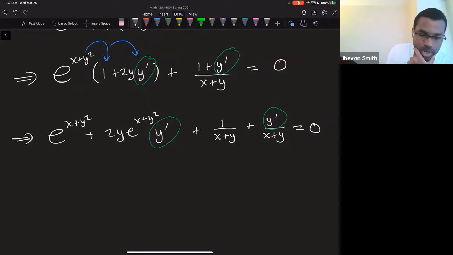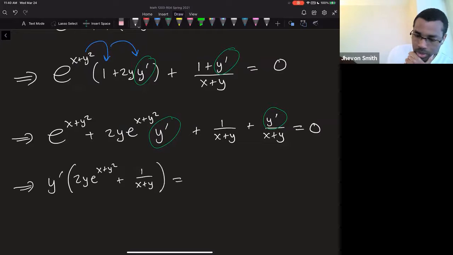Can move everything without the y prime to the other side. So on this side, I would have y prime times 2y e to the x plus y squared plus 1 over x plus y equals minus e to the x plus y squared minus 1 over x plus y.